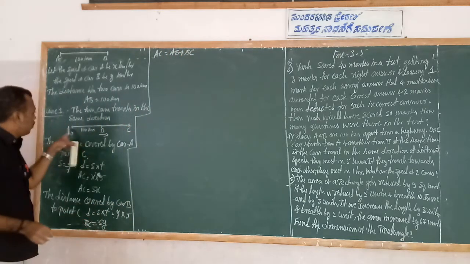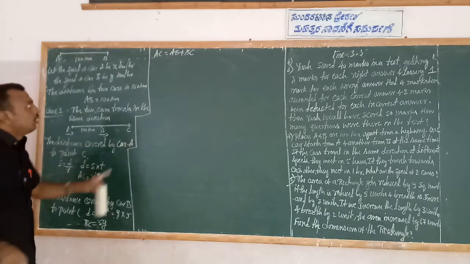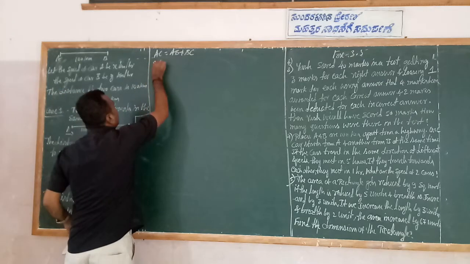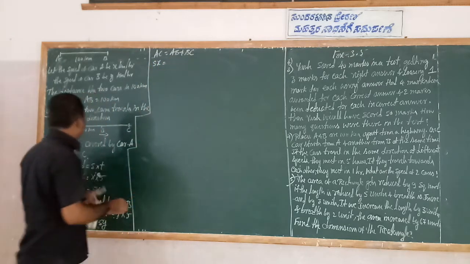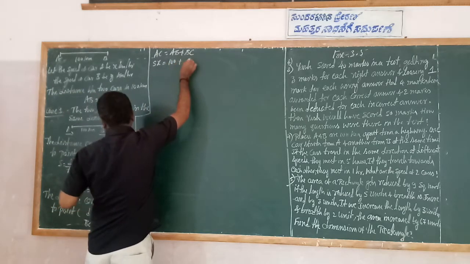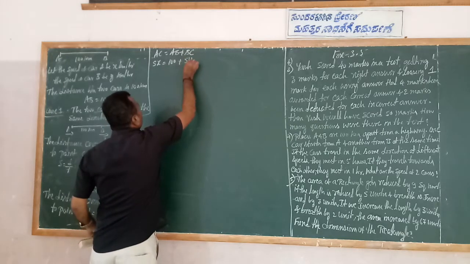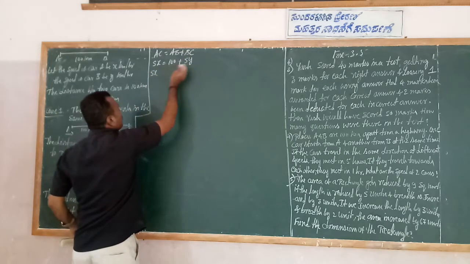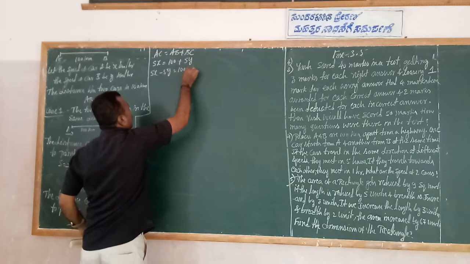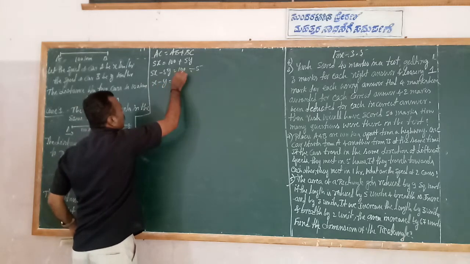Now, what is the distance of AC? 5x. It is equal to AB, which is 100, plus BC, which means 5y. So 5x minus 5y is equal to 100. The whole equation is divided by 5. So x minus y is equal to 20.